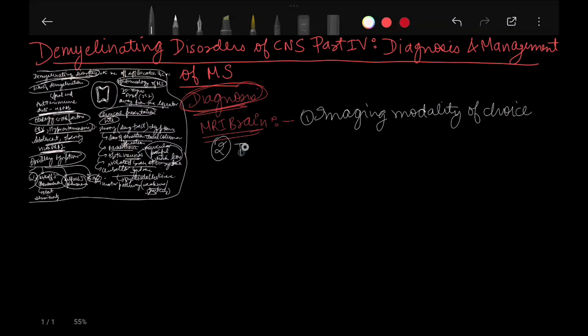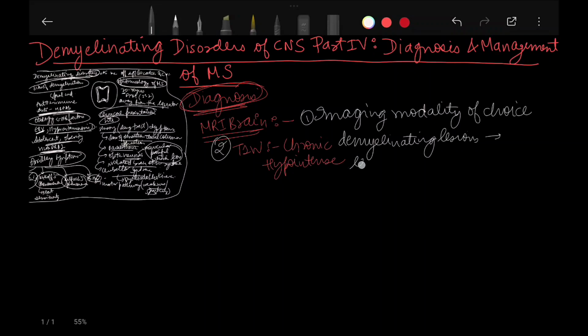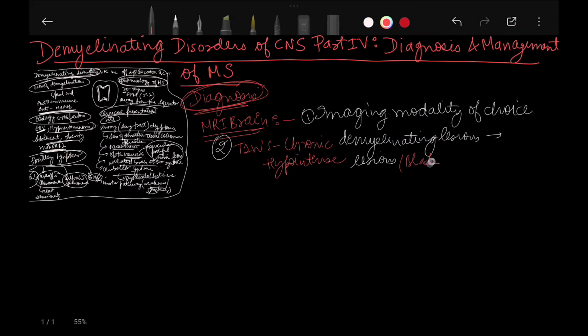First of all, we will talk about the T1W. What is T1W? These are chronic demyelinating lesions, which are hypointense lesions, known as the black hole sign.